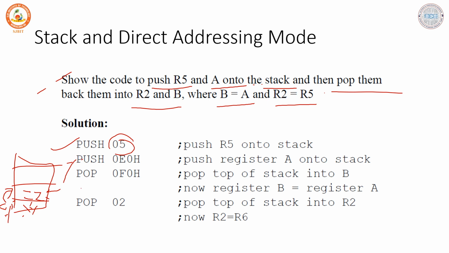So when we pop it to 0F0, the content where the stack pointer is located will be popped to 0F0, then it will decrement the stack pointer by 1. Next pop 02, that means the last content will be loaded to 02, the register R2, and 05 is register R5.